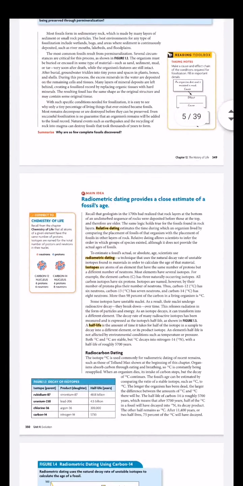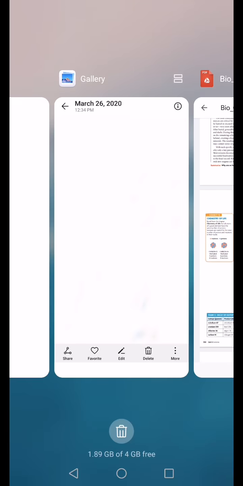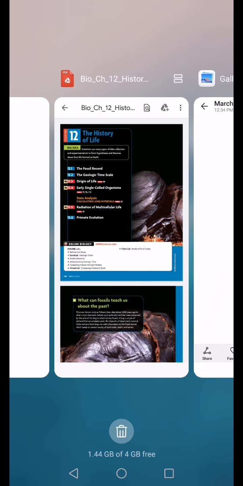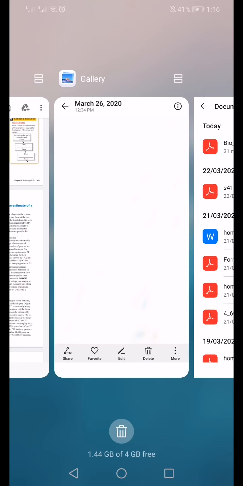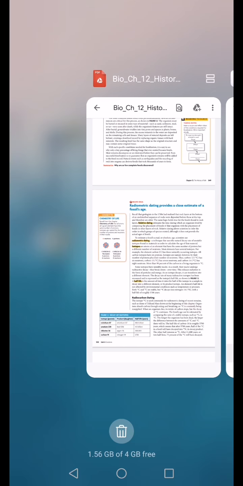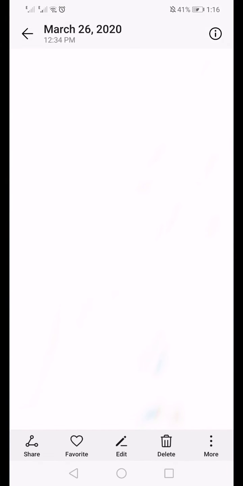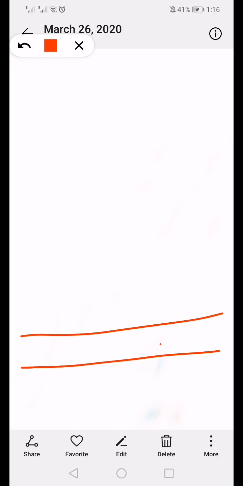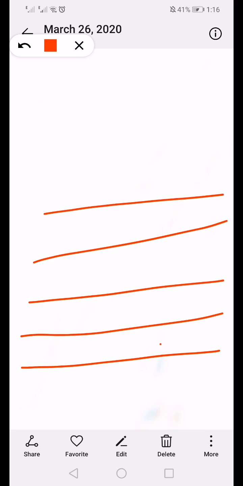To explain this idea، خليني أرسم لكم هون.